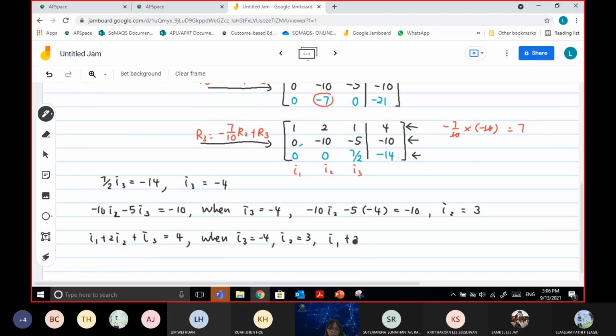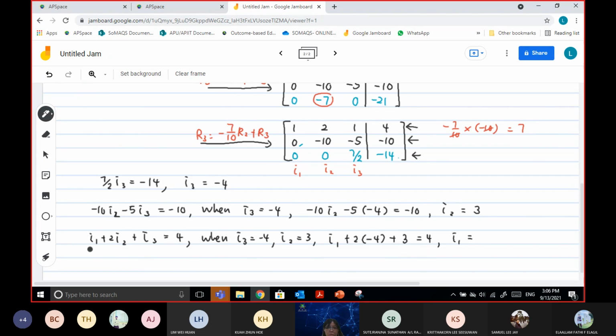So I1 plus 2 times negative 4 plus 3 equals 4. You solve it for I1. So 3 minus 8, then 4 plus 5.